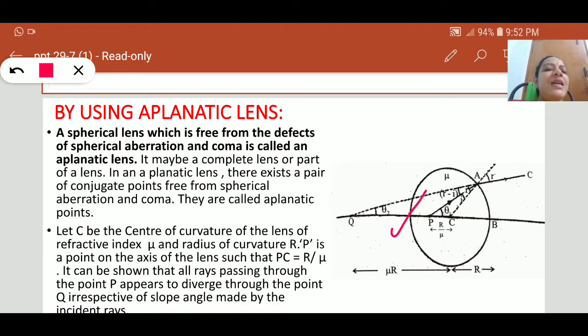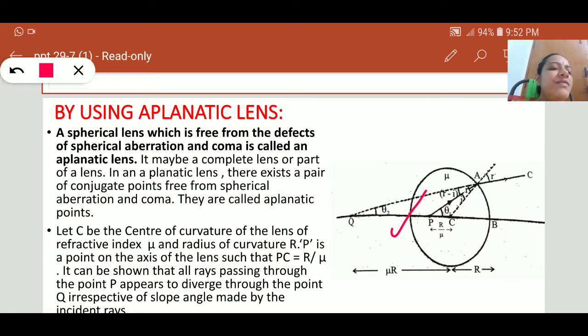In this aplanatic lens, there exists a pair of conjugate points free from spherical aberration and coma. These points are called the aplanatic points, P and Q. Here we have to prove this is an aplanatic lens.